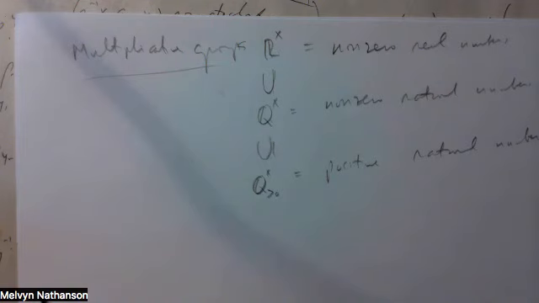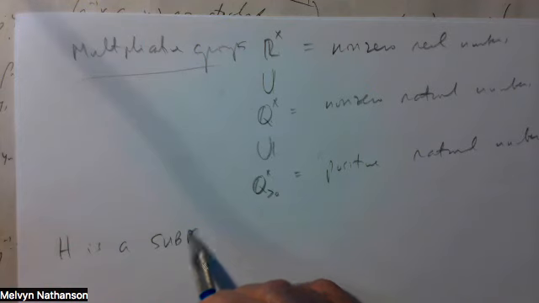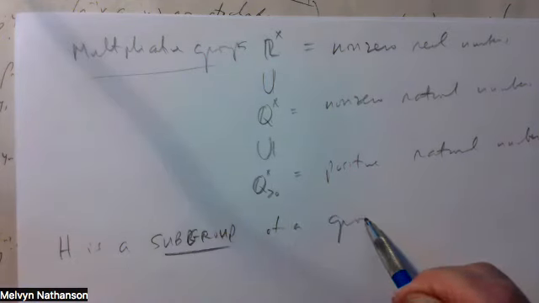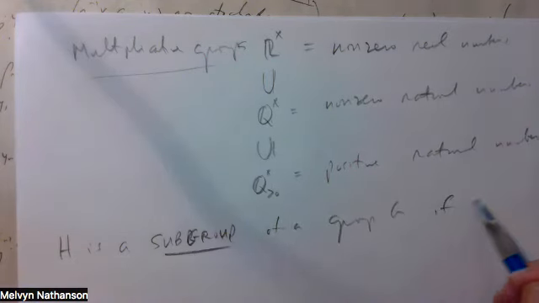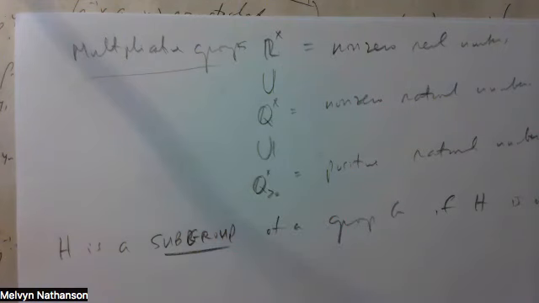So H is a subgroup of a group G if H is also a subset, and H is also a group. So this is a subgroup of this, and this is a subgroup of this.